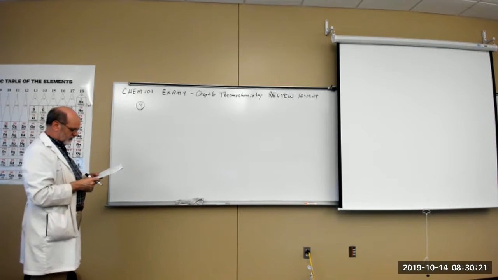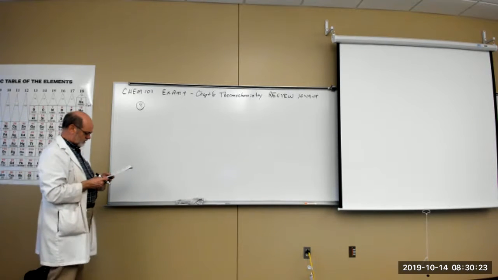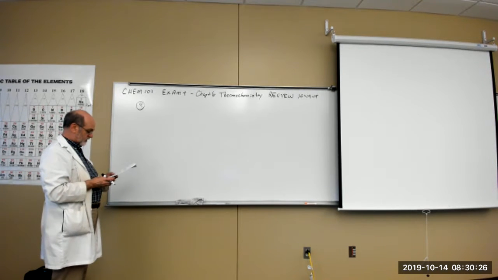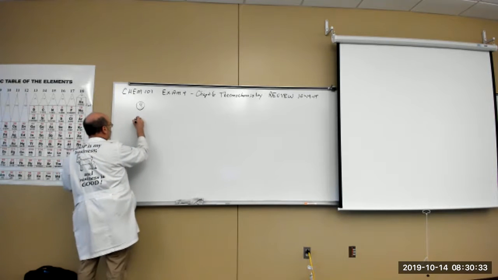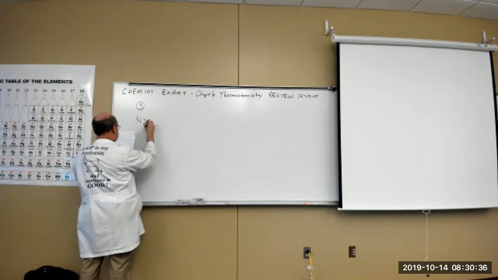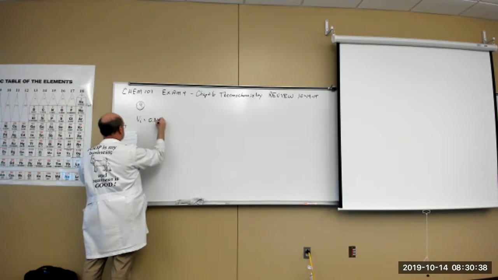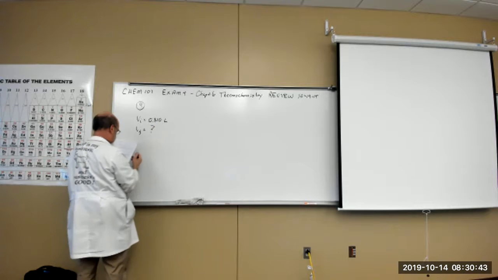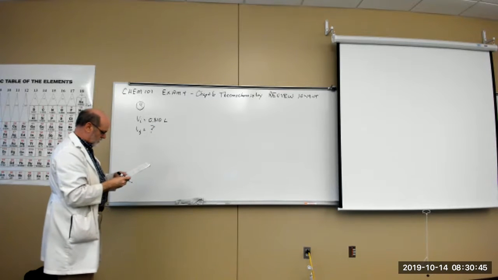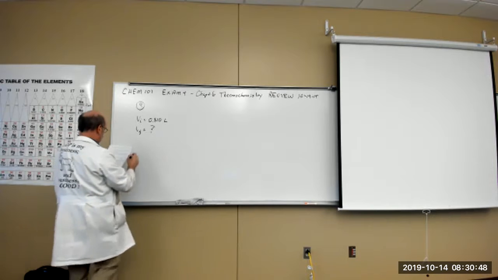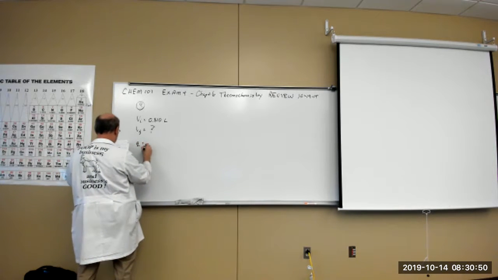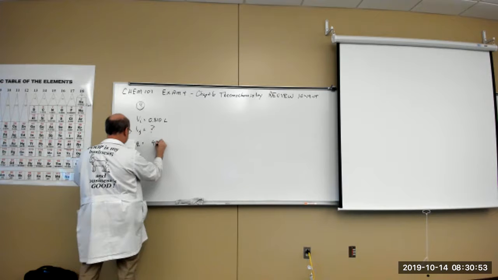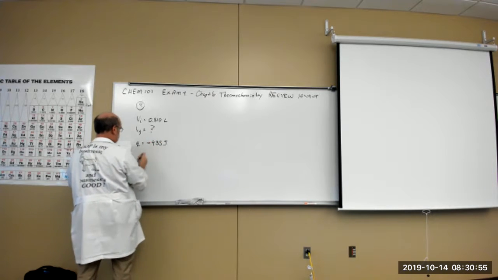Okay, the original volume is 0.310 liters. And the question is, what's the final volume? All right, so we're given an initial volume of 0.310 liters. Final volume is the question. What else are we given? We're given Q is 935 joules released.